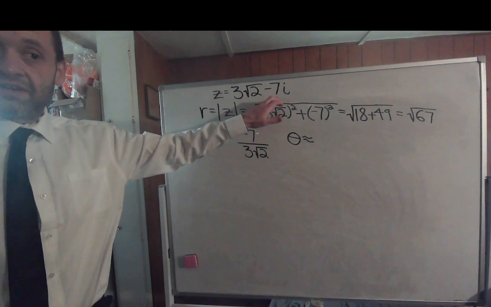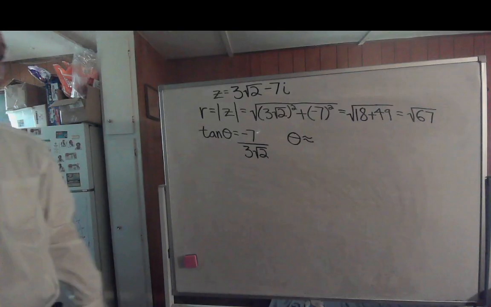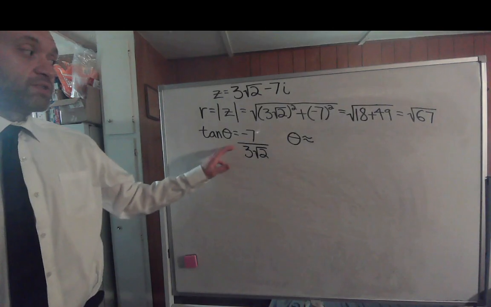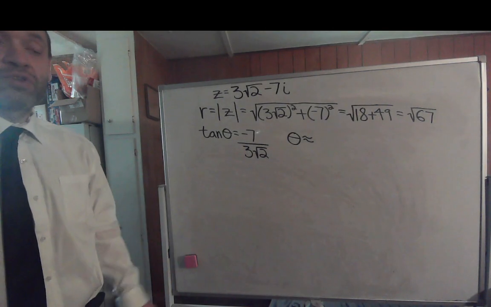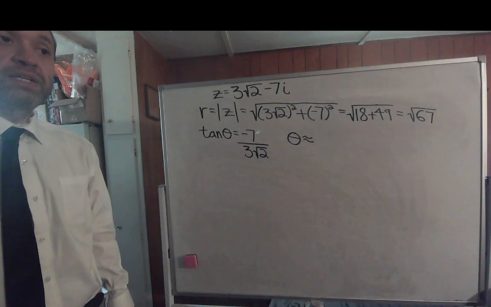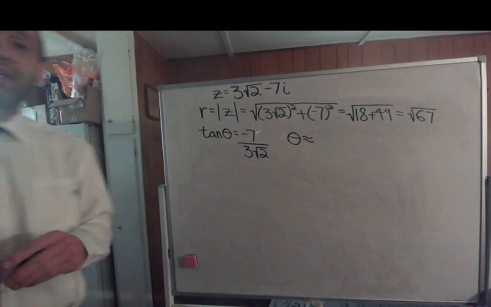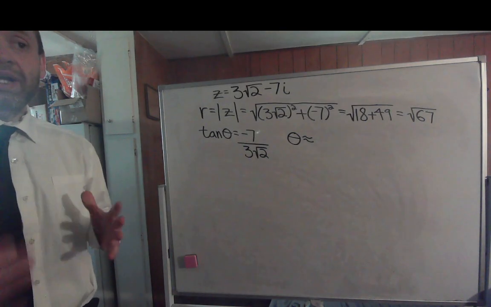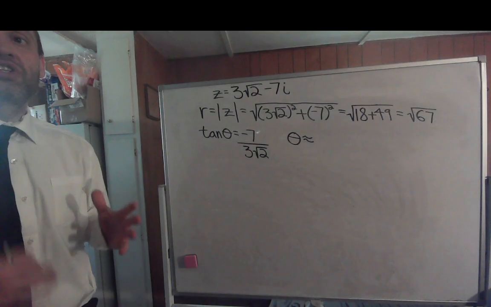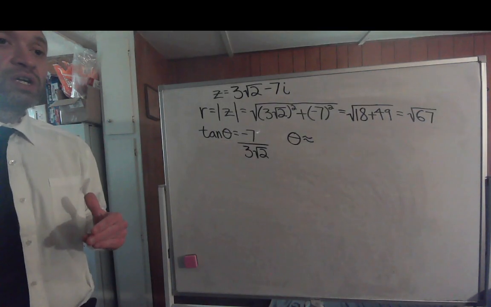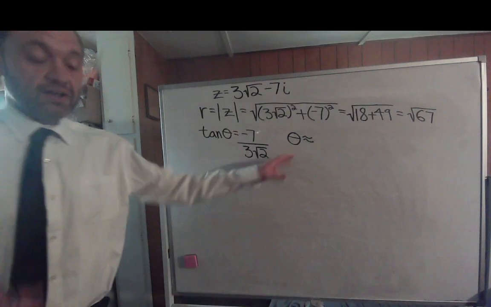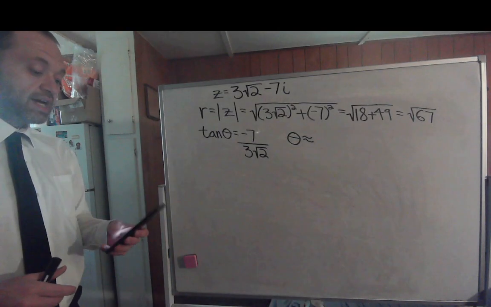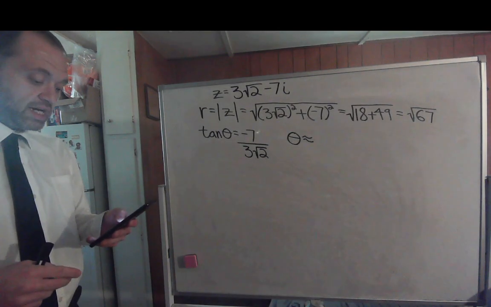Positive x, negative y puts you in the fourth quadrant. Now, when you take the inverse tangent of this, you'll get a fourth quadrant angle, but the problem is inverse tangent is only defined for the range between negative pi over 2 and positive pi over 2. So you'll get a negative angle that you're going to have to add to 360 in order to get the answer from 0 to 2 pi.